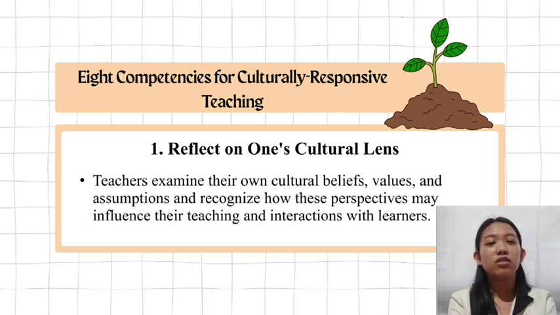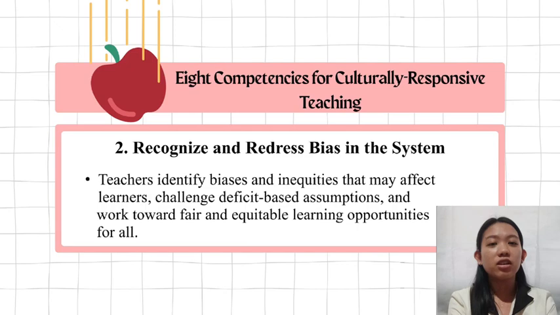So once teachers understand their own perspectives, they can also recognize biases that may affect learners. So the second competency is recognize and redress bias in the system. So bias can influence how teachers view learners, what they expect from them, and what opportunities they provide.